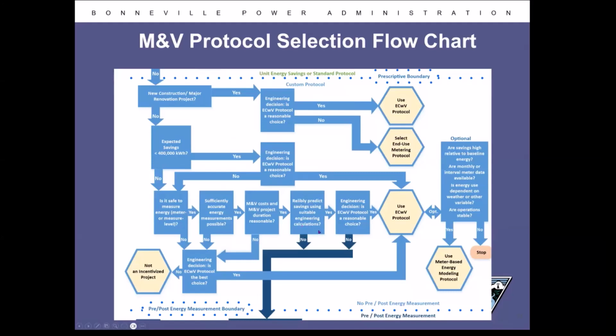Now, the cruxy question oftentimes is, can you reliably predict the energy savings using engineering calculations? And if that is not the case, then it takes you to a pre-post measurement approach, which is IPMVP adherent and is going to be a more accurate approach typically than an engineering calculations approach. But if it is a reasonable approach, go ahead and consider it.